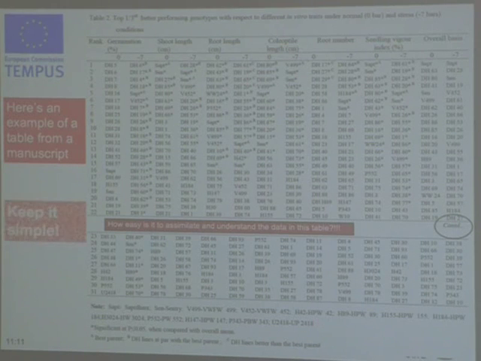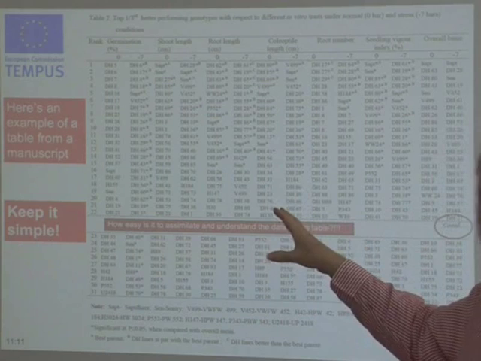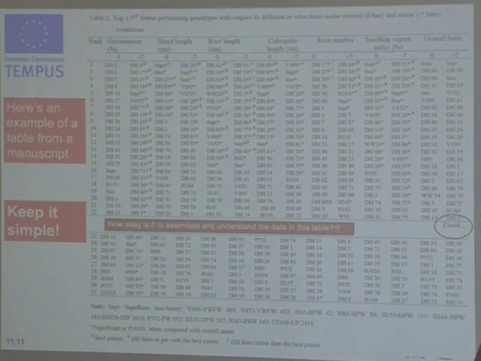So my comment that I sent back to the authors was, I can't understand anything in that table, please simplify it. So please keep it simple. Do not try to present a complex table like that, because the reader's not going to be able to understand it.